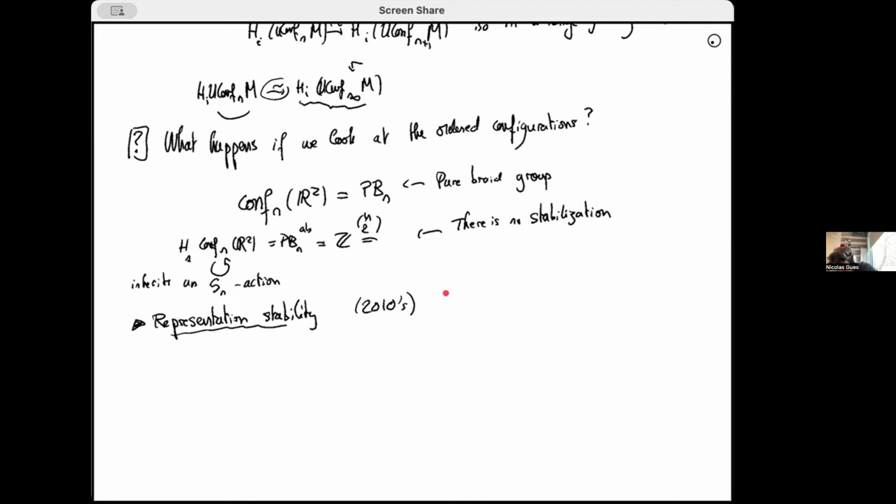And this was founded in a paper by Church and Farb, and also developed a lot by Church, Farb, and Ellenberg.